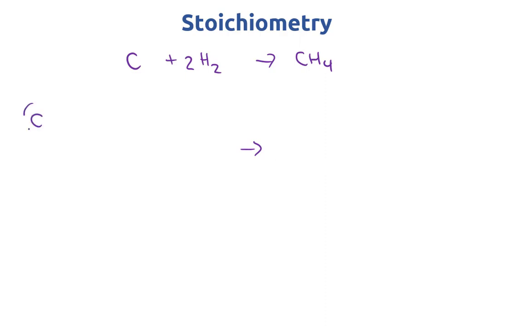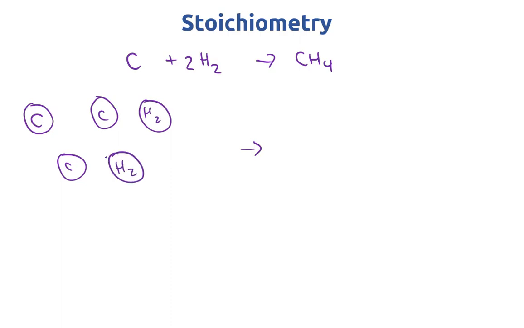Let's say we have 3 particles of carbon and 2 particles of hydrogen. This carbon could react with 2 hydrogens, but then we would have 2 carbons left over. So we still end up making just 1 equivalent of CH4 here. But this time, the carbon is the excess reagent and the hydrogen is the limiting reagent.